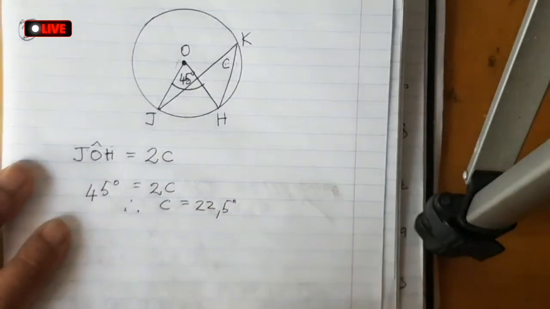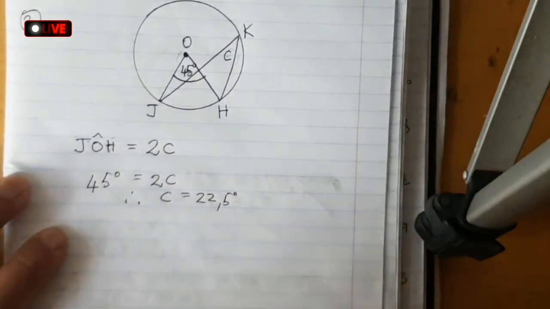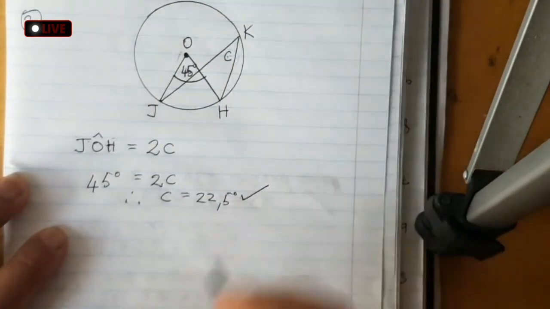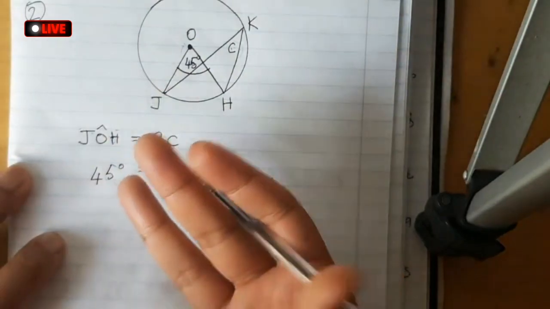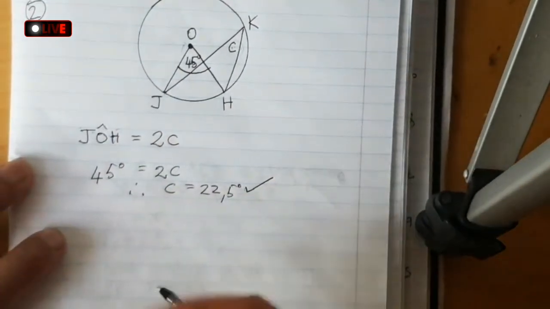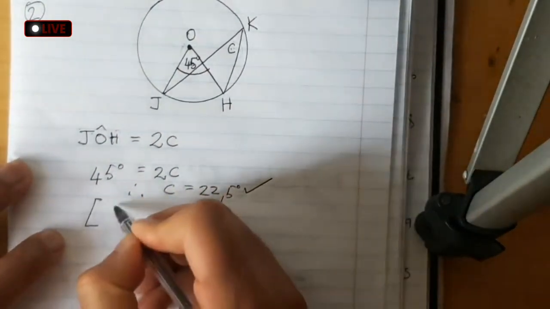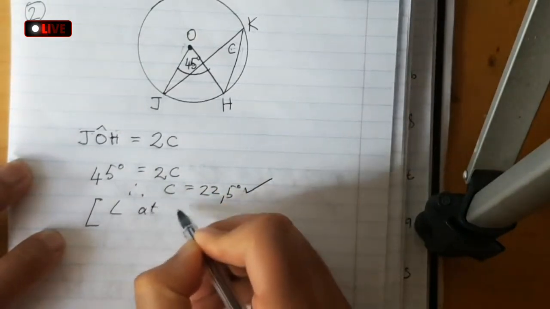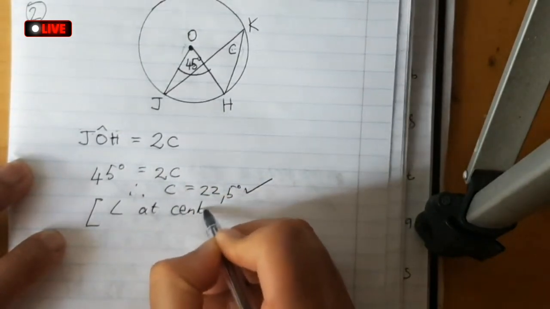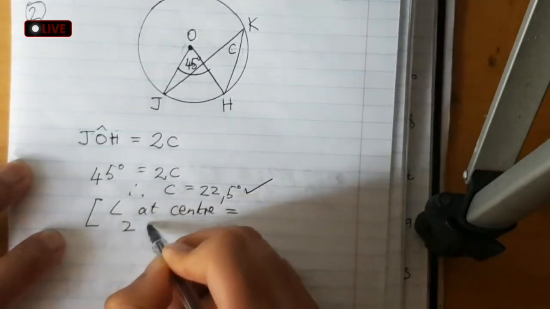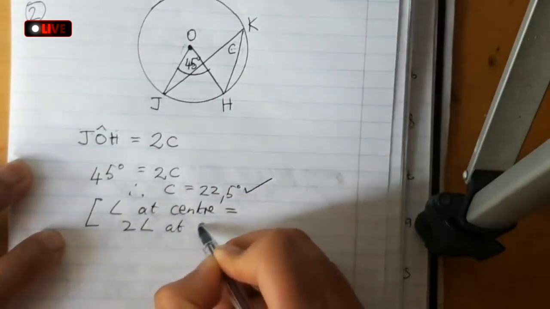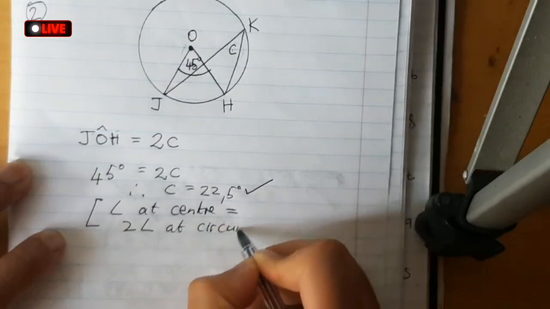Am I done? No, I have to add my reason, and here you get 1 mark. The more I write it, the better it will stick to my brain. So the reason is: angle at center is equal to twice the angle at circumference.